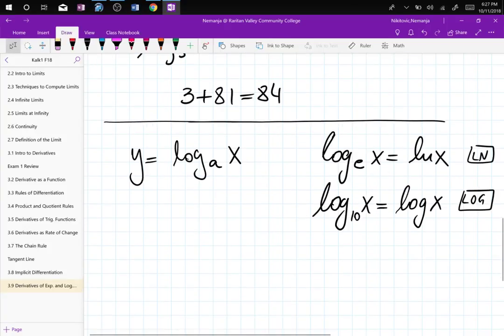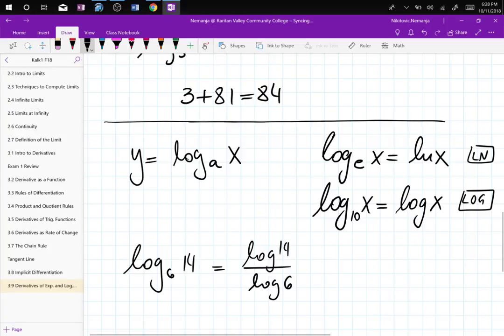But then you say, what if I want to compute log base 6 of something? Well, we have formulas called the change of base formula, so that you can convert the bases into ones that your calculator speaks. So if you have log base 6 of 14, whatever, it doesn't matter, you would actually have to say log 14 divided by log 6, or ln 14 divided by ln 6.